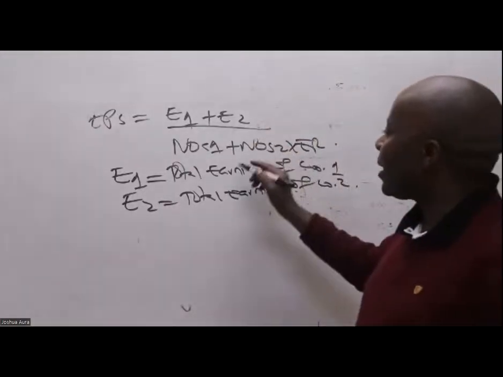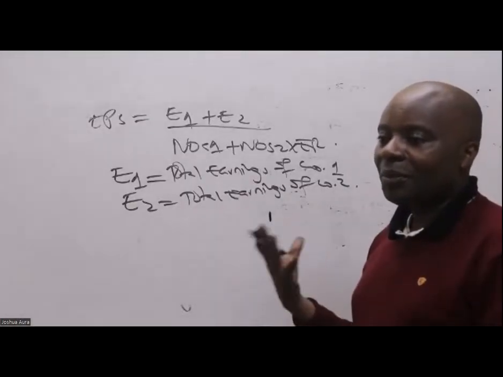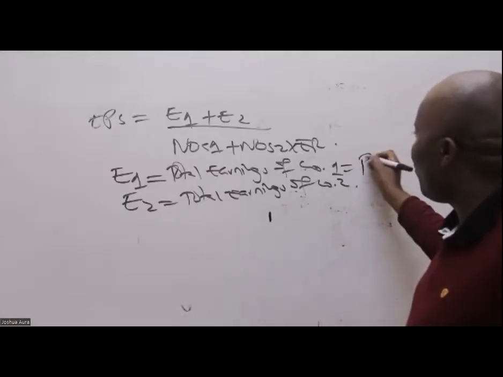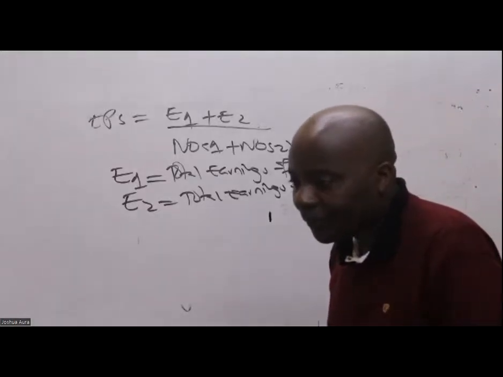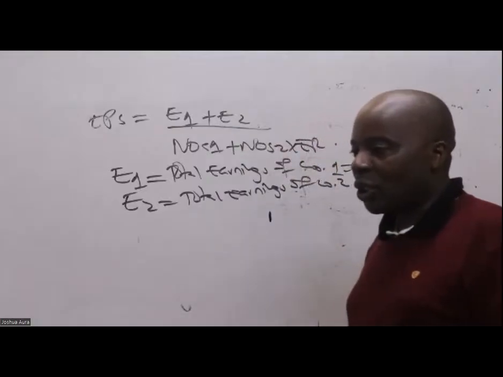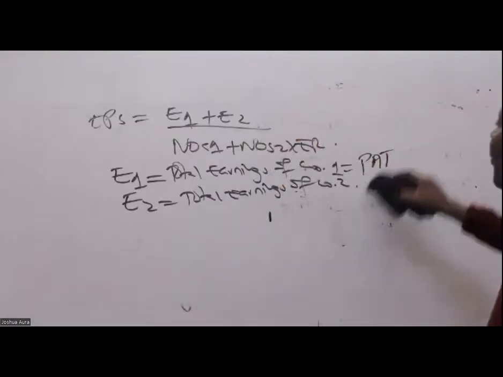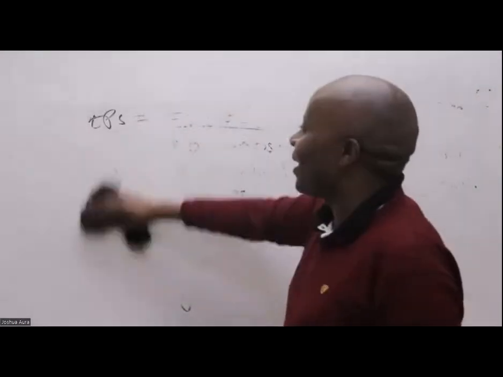You see, earnings in financial reporting, earnings attributable to ordinary shareholders are profits after tax. So he said here EPS equals PAT, equals profit after tax. Great. May 2015, question number 5A.